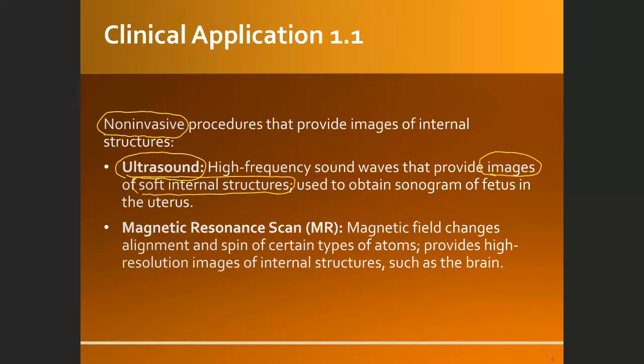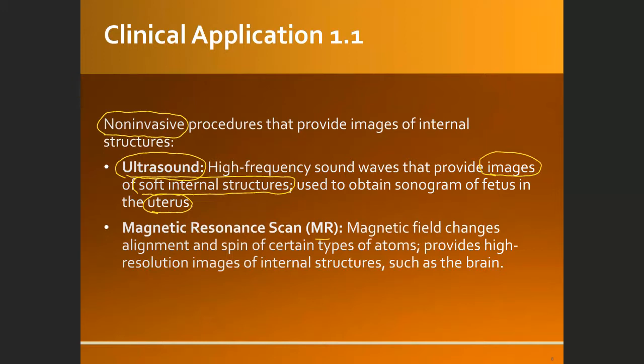So usually the image taken by this ultrasound is of soft internal structures. So we can see maybe the liver, the heart. Okay, soft internal structures. Or maybe it can be used for checking pregnancy to see the baby inside the mother's womb, in the uterus. And MRI, magnetic resonance scan.